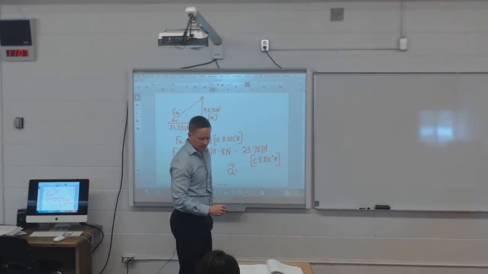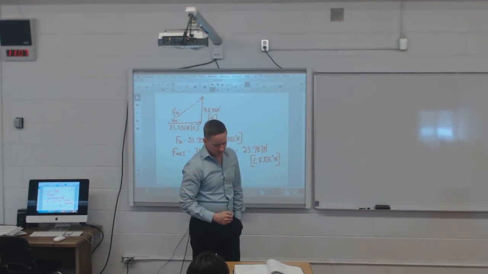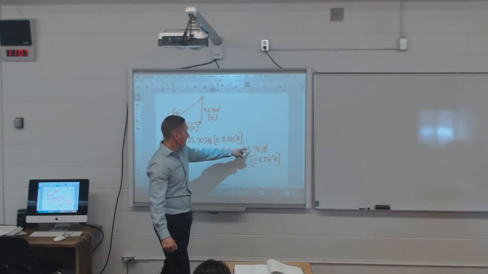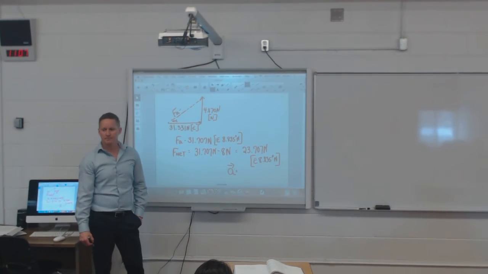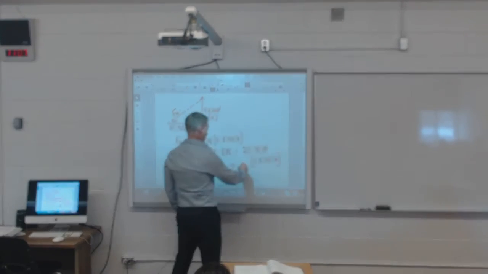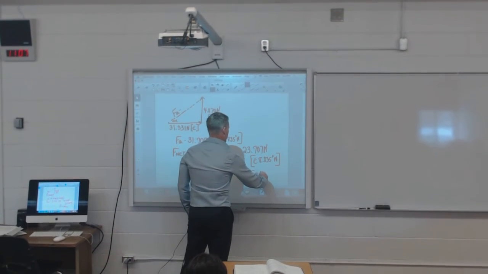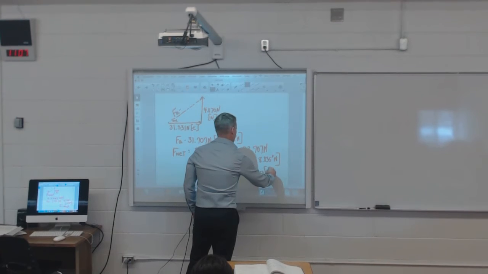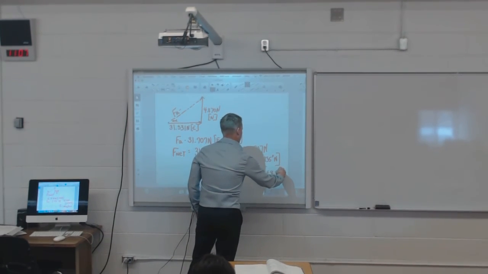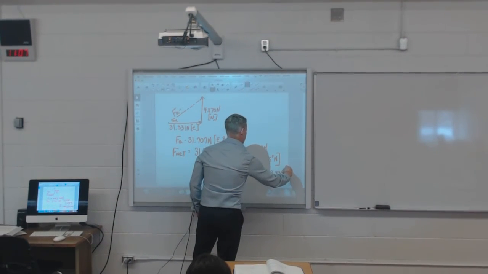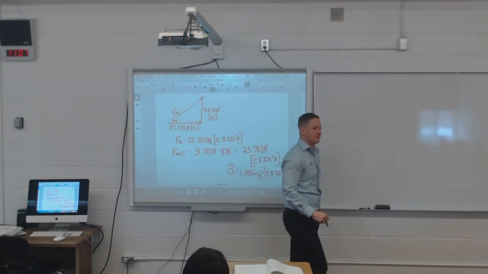What is the mass of that toboggan? 20 kilograms. So take this number divided by 20 kilograms. And 1.185. So your final answer, again, has to have your angle with it.